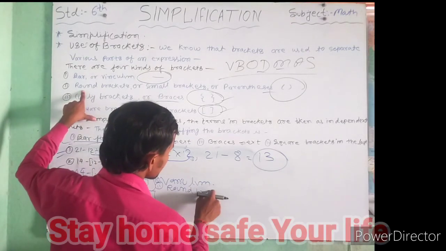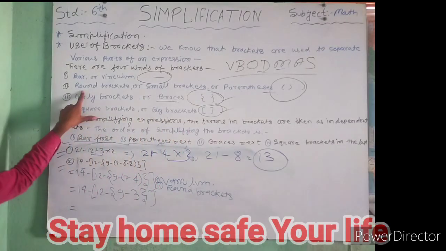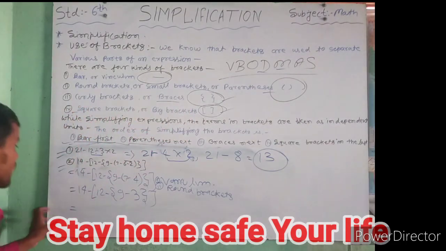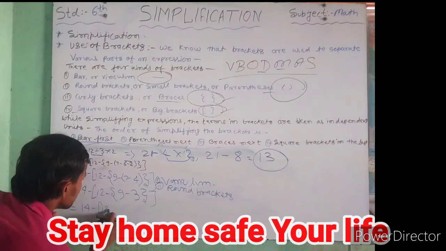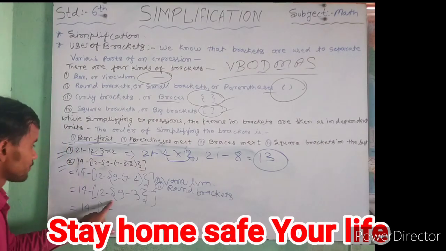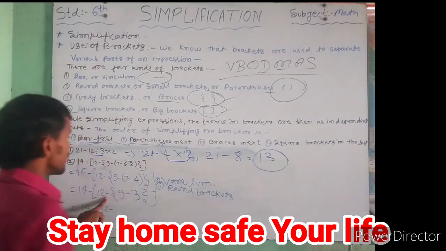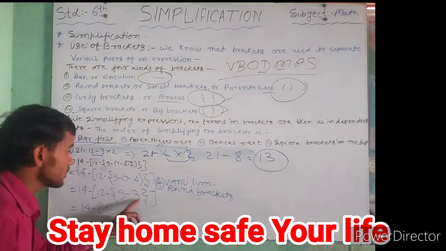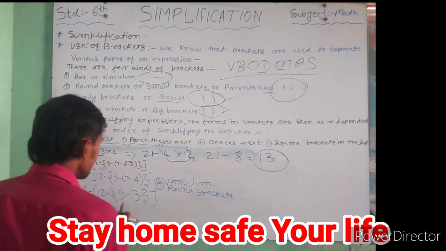Okay, and next after that you remove the curly bracket. So write here 14 minus bracket 12. Remove here. When you see minus, then you write 9 minus 3. It means you write here 6.